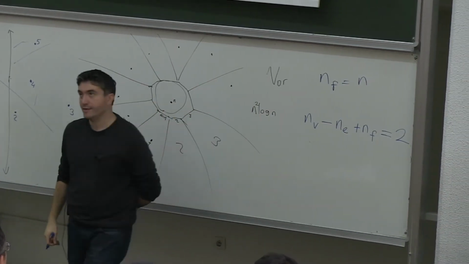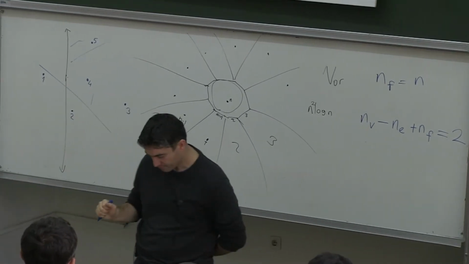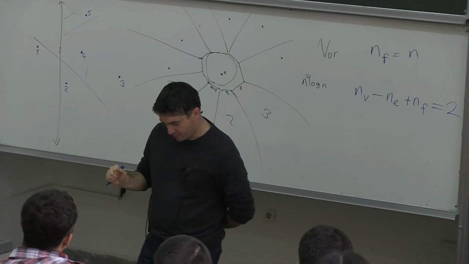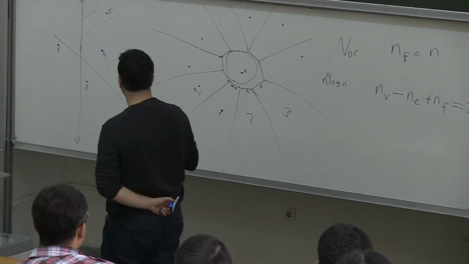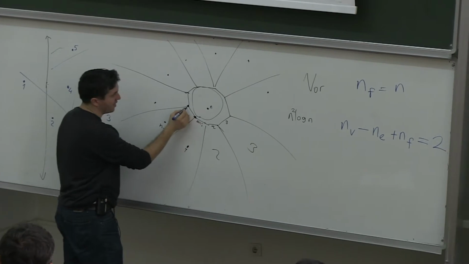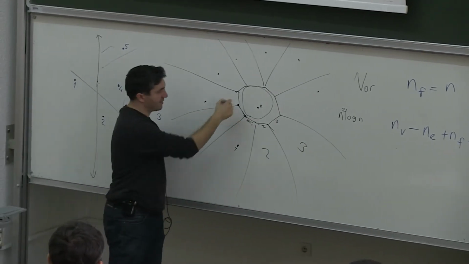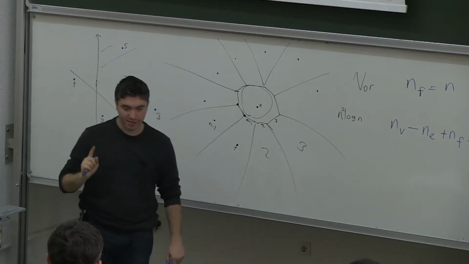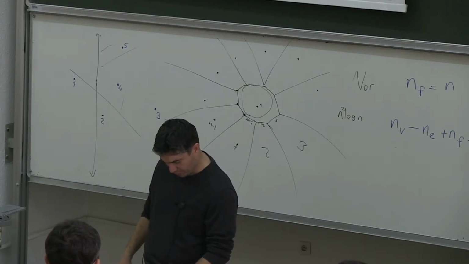And another thing here that we are going to use is that any edge in this Voronoi diagram has exactly 2 vertices. I mean, these vertices may be shared, but any edge has 2 vertices.